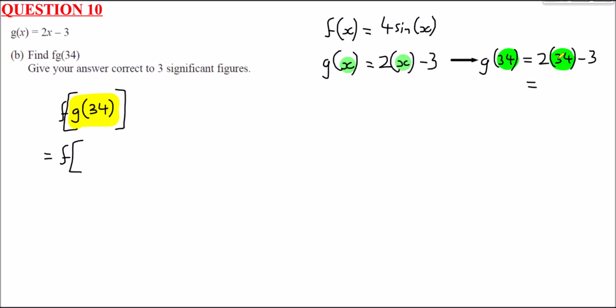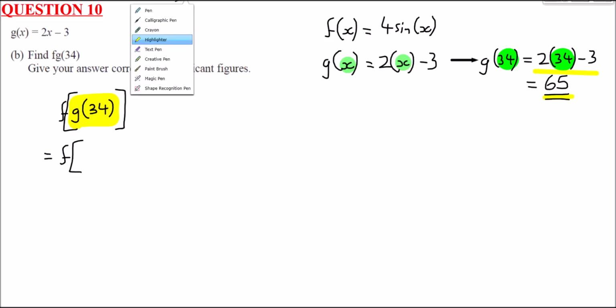So 2 multiplied by 34, use calculator if you wish to. 2 times 34 is 68, minus 3 gives us 65. So we can do this and substitute it into this expression here. So g of 34, we said, was this, which gives us 65.